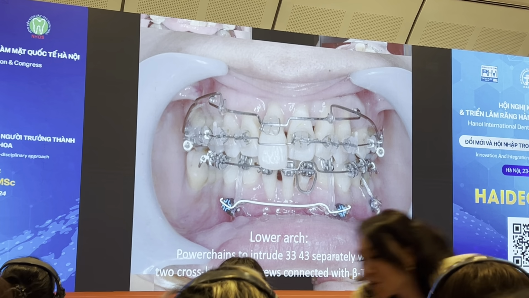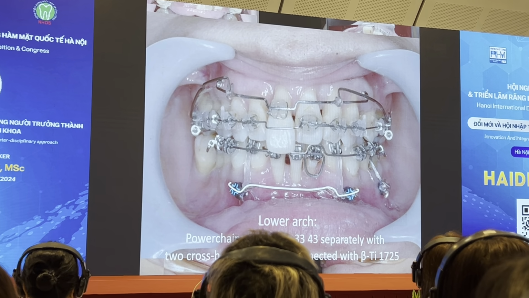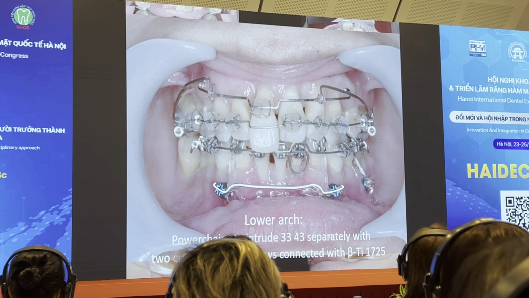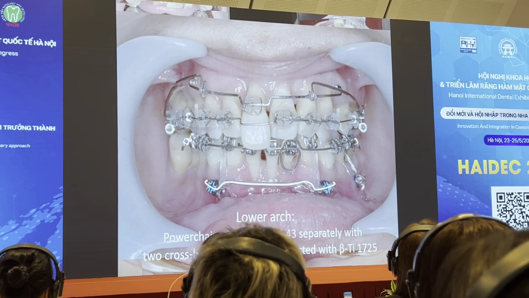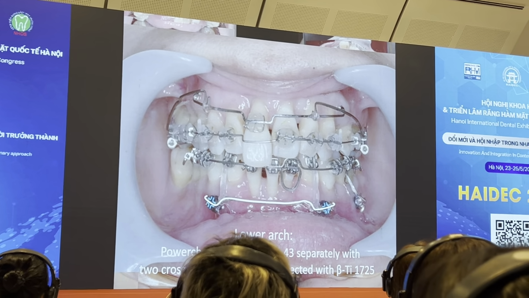Also, a beta titanium 1725 arch wire connected the two crosshead mini screws, which were inserted at the 3-3 and 4-3 distal buccal regions. It served as an anchor to intrude 3-3 and 4-3 with power chains.